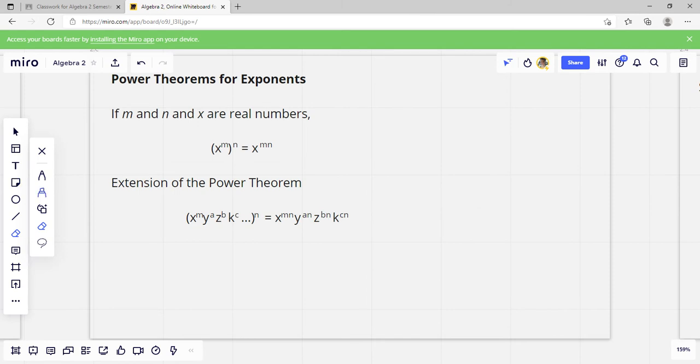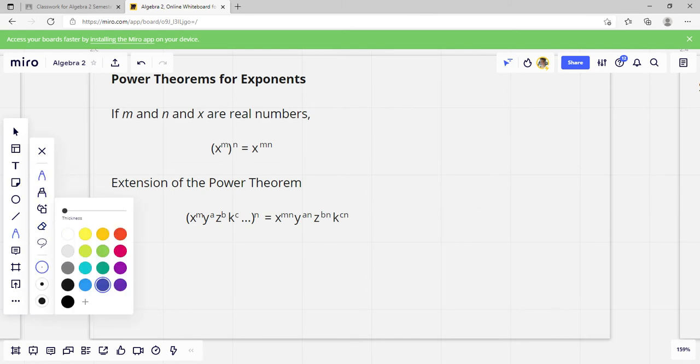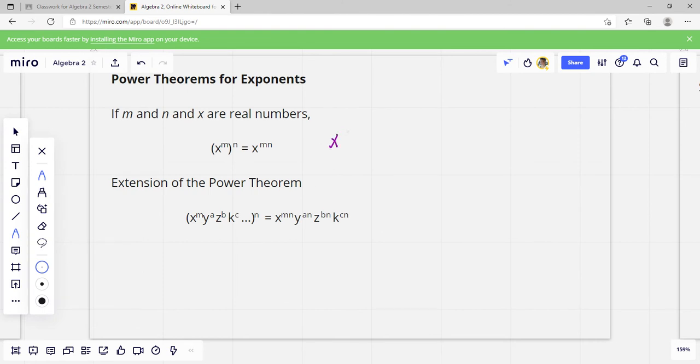All right, let's say that we had x to the third, and we're going to want that to the fourth, right? So that means we're going to have this right here 4 times. X to the third really means 1, 2, 3.